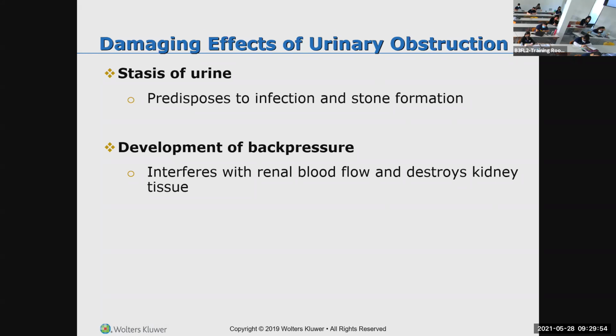Both are important. Now, back pressure interferes with the renal blood flow and destroys kidney tissues also. We call it urinary backflow. Stasis of urine, stasis of urinary obstruction, all lead to urinary tract infection.